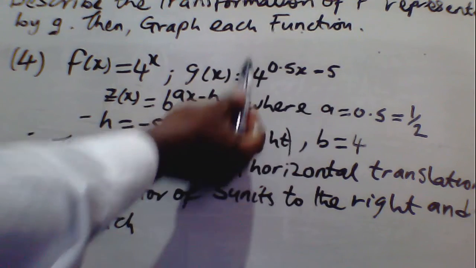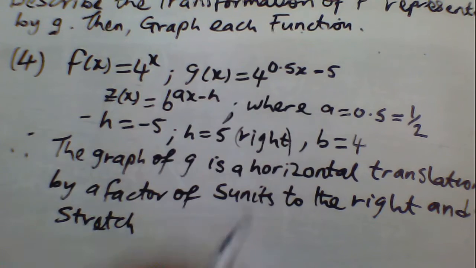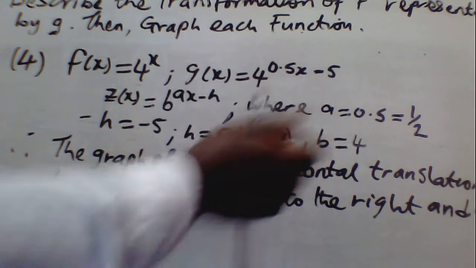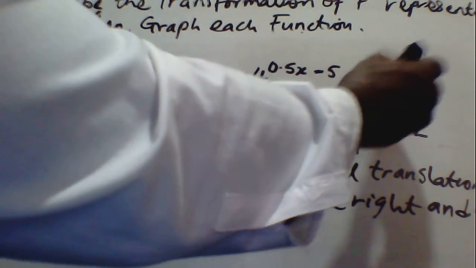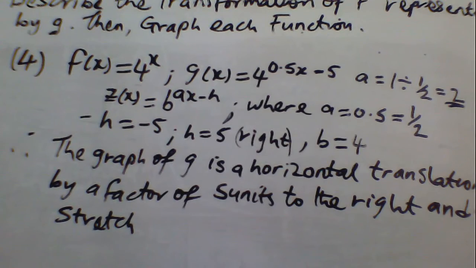If there is any constant here, we must translate that constant as stretch or shrink in the vertical axis. But for this type, this is for horizontal, and we know that for horizontal, there is always a reciprocal application. That is, when we are talking of the changes, a will be equal to 1 divided by 1 over 2. That will give us 2, and 2 is a stretch, it's a whole number.